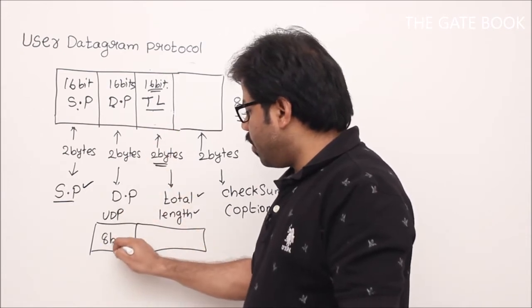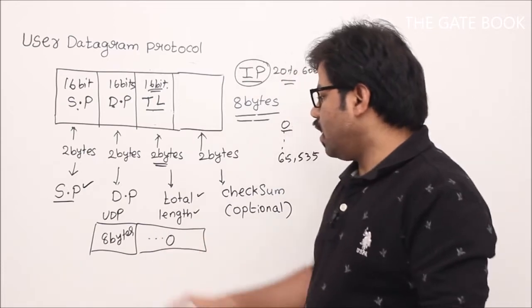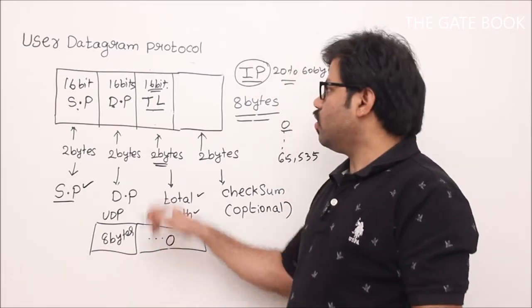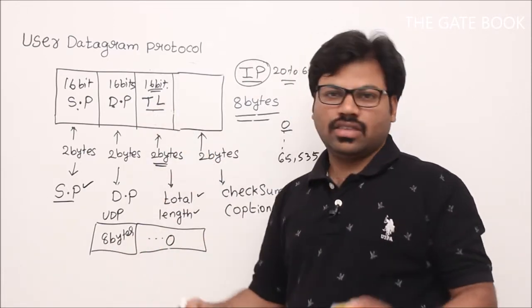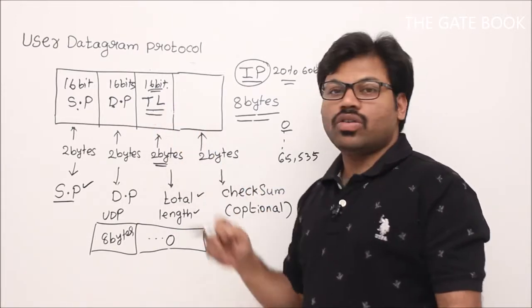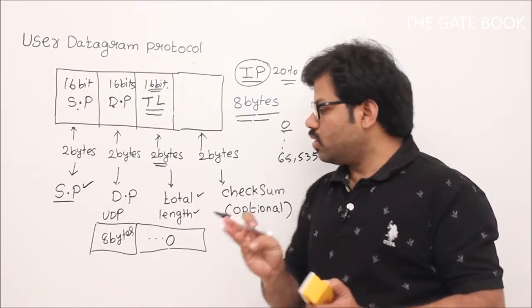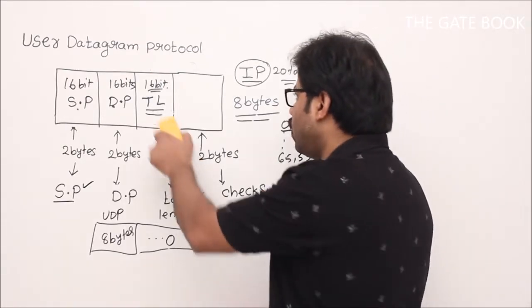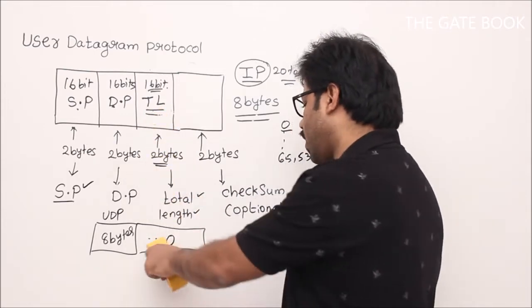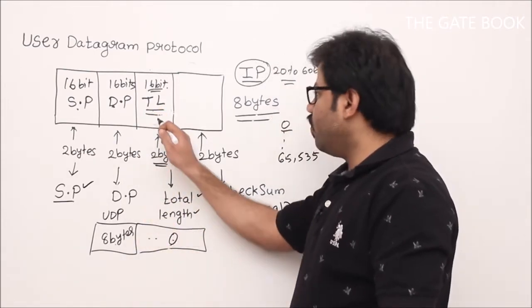It has 8 bytes. Then if your data size is 0, still 8 plus 0 is 8. So the total length of this entire data is 8, correct? So remember one thing, this total length counts the complete data, that means data plus header. That's why we can't write the total length field as 0, okay? The minimum value, if your data is 0, 0 plus 8, is 8.